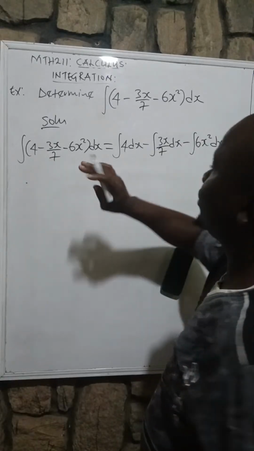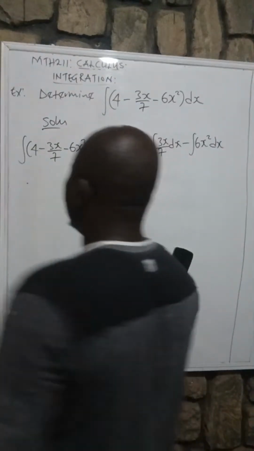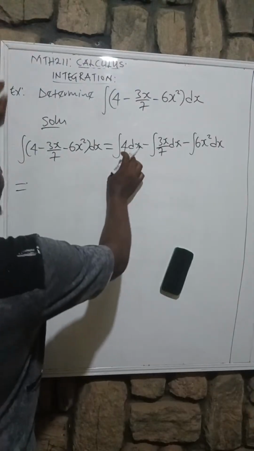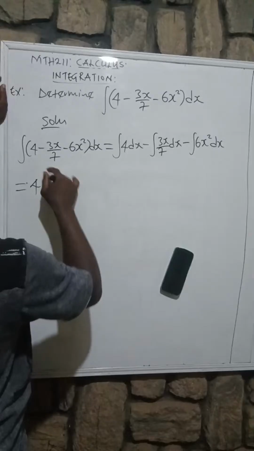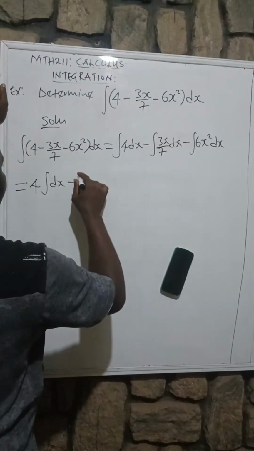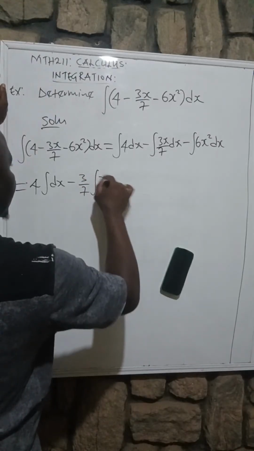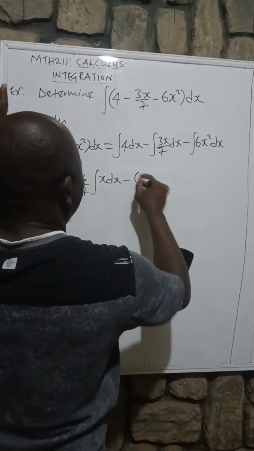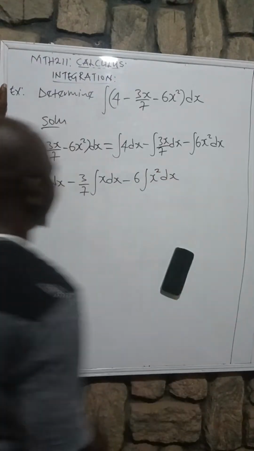It means this is the same thing as this. Take note. Is that clear? So if you agree with me, let's integrate this. We have 4 as a constant, factor it out, dx, minus 3 all over 7 as a constant, then x dx, then we have 6 as a constant, 6 times the integral of x squared dx, right?